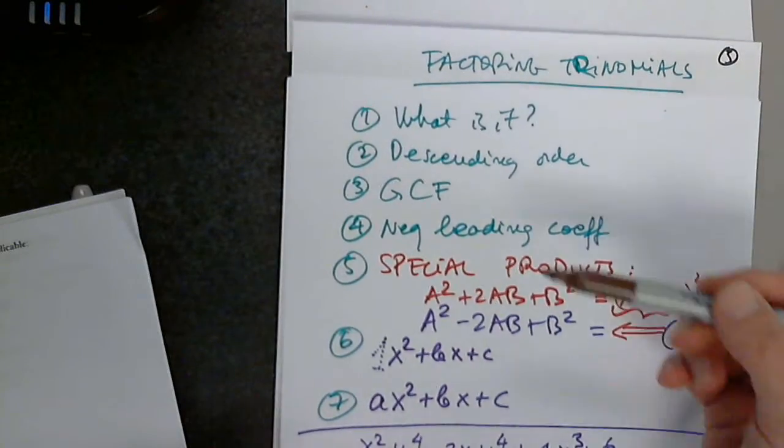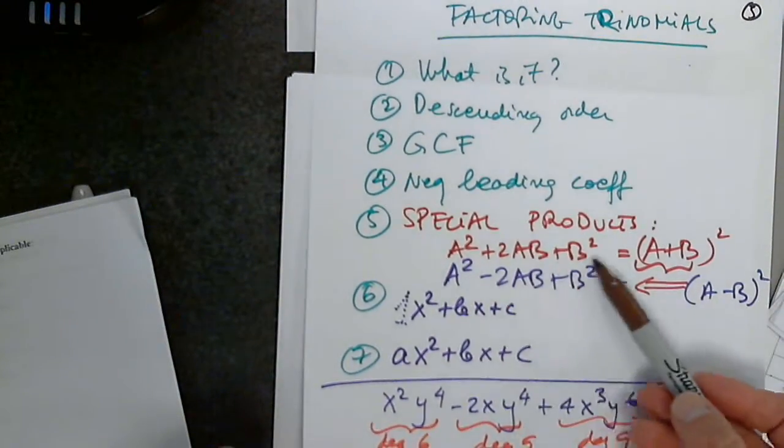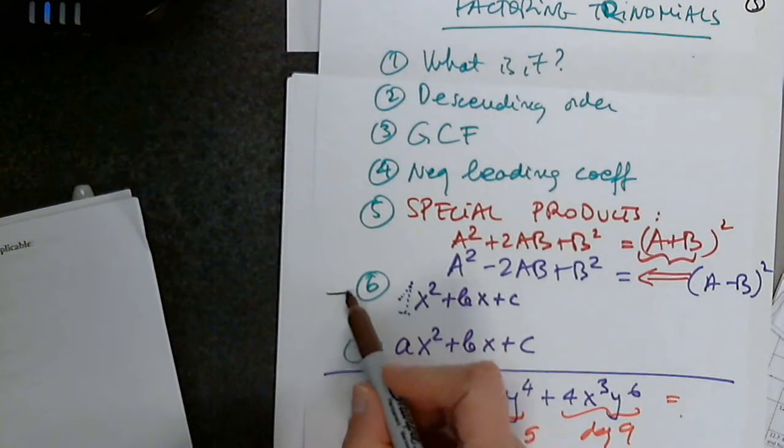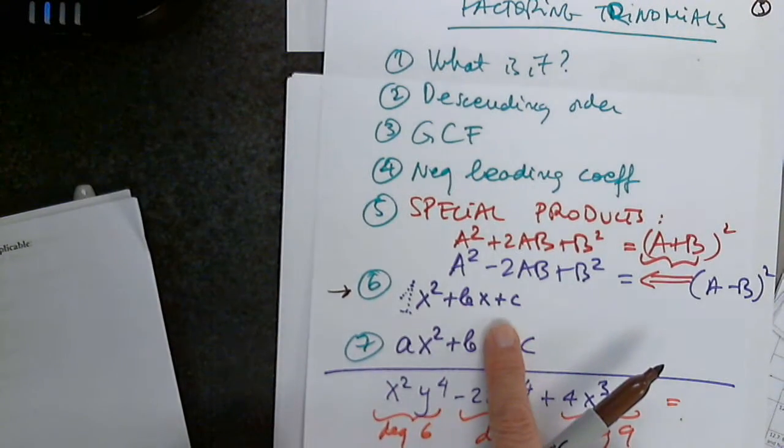Let me remind you where we are. Coming back to the strategy for trinomials. We're not done with this. Not yet, anyway. So we looked at situations in which a special product was applicable. Now we are here when special products are not applicable.